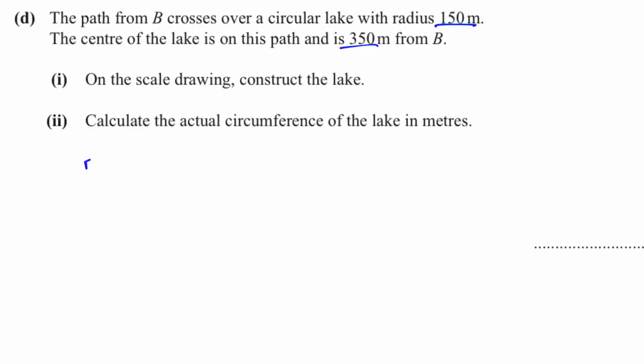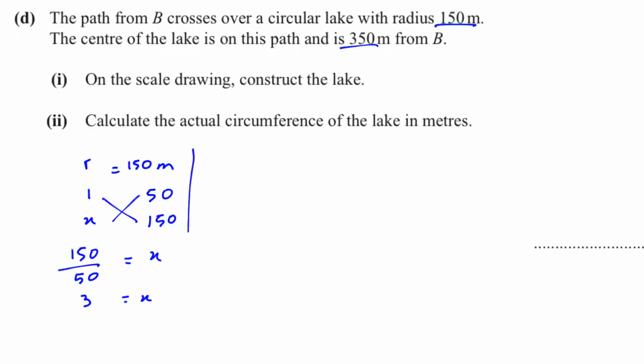So radius is 150 meter. Our scale is 1 centimeter is equal to 50 meters. Therefore, 150 meters is equal to how many centimeters? You will have 150 divided by 50, 3 centimeter. So that is your radius.